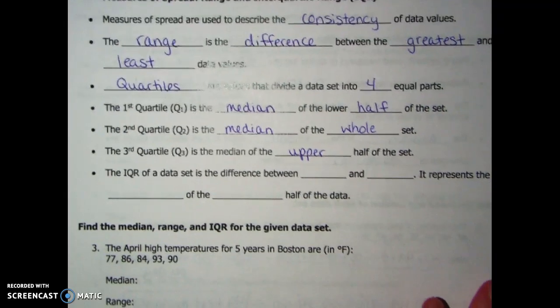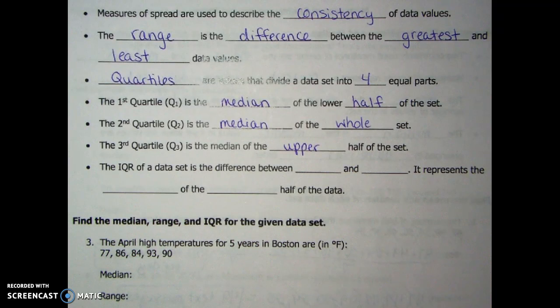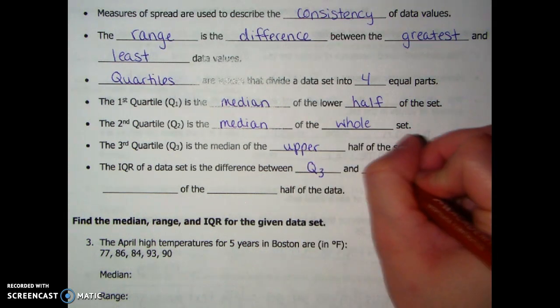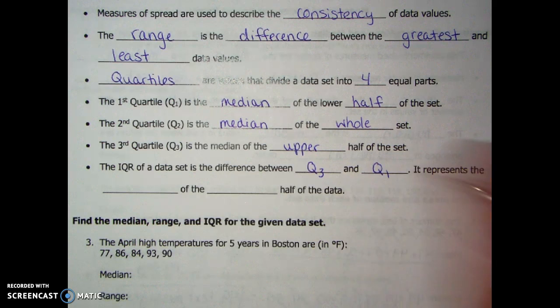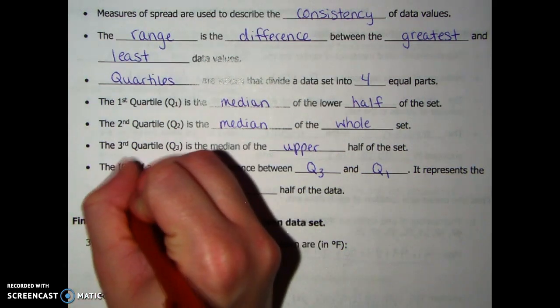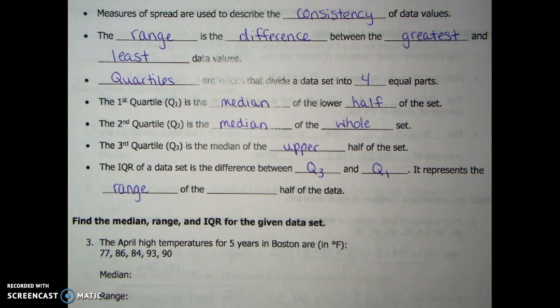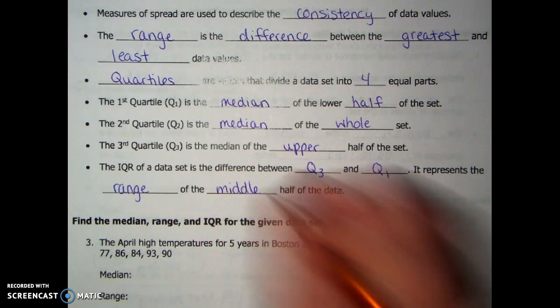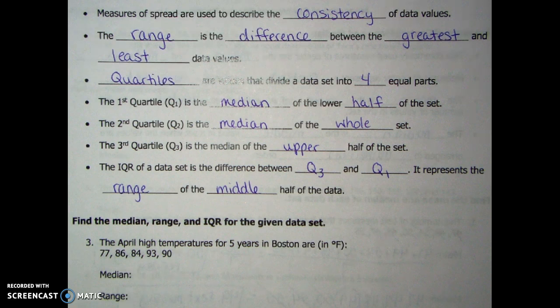And the IQR, or the interquartile range of a data set, is the difference between Q3 and Q1. So you would do the Q3 value minus the Q1 value. It represents the range of the middle half of the data.